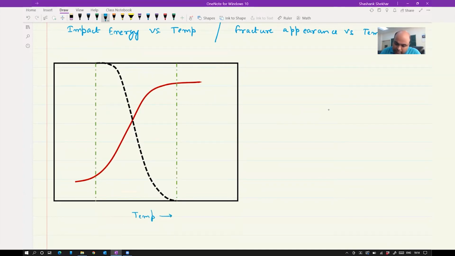So here we have, say, impact. Let me change the color. The red one is your impact energy, and the black one here is your fracture surface appearance. That means in this case the percentage of cleavage fracture.